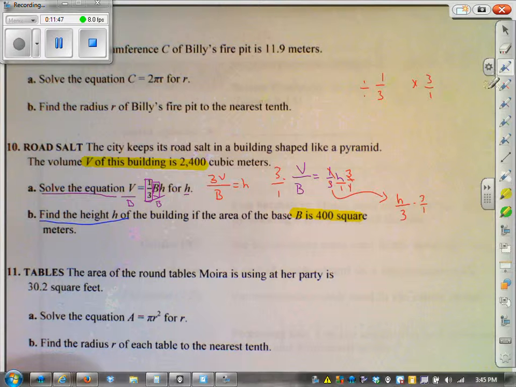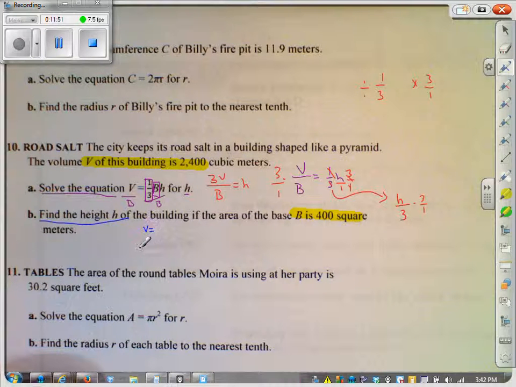So now we just plug it in. We need v, we need the base shape, and we need the height. Do we have the volume? Yep, 2,400. Do we have the area of the base shape? Yep, 400. Do we have the height of the pyramid? No, that's actually what we're looking for.